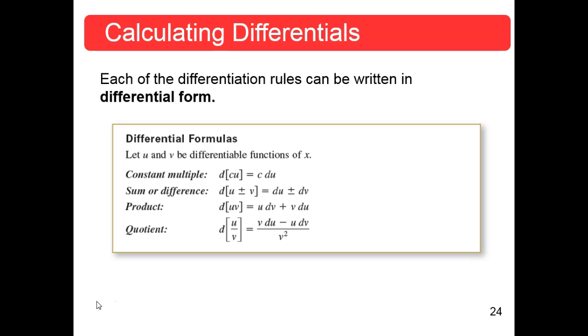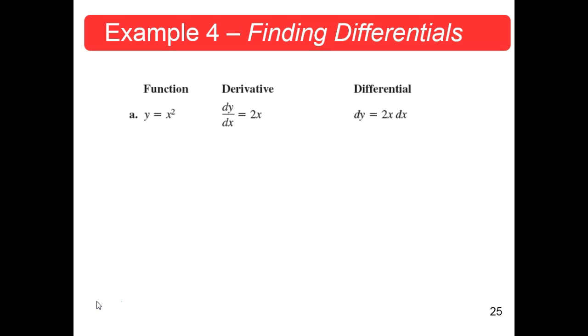Quotient rule: d of u divided by v is low d high minus high d low over low low. Same thing as before, but now written as differentials as opposed to derivatives. Exactly the same principles, just expressed slightly differently.